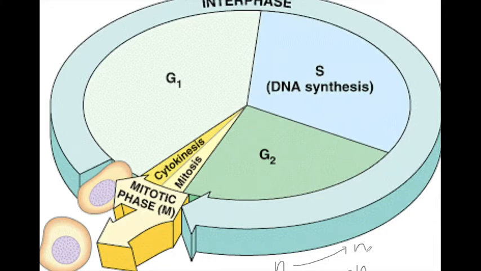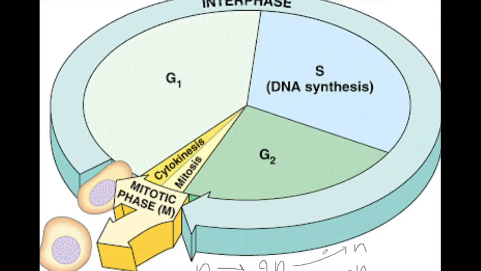No. First, I need to double my n to make it 2n, and then I have to divide and give n and n to the daughter cells. And that's what happens during the S phase. It doubles its DNA, it synthesizes DNA, it replicates the DNA in the nucleus.